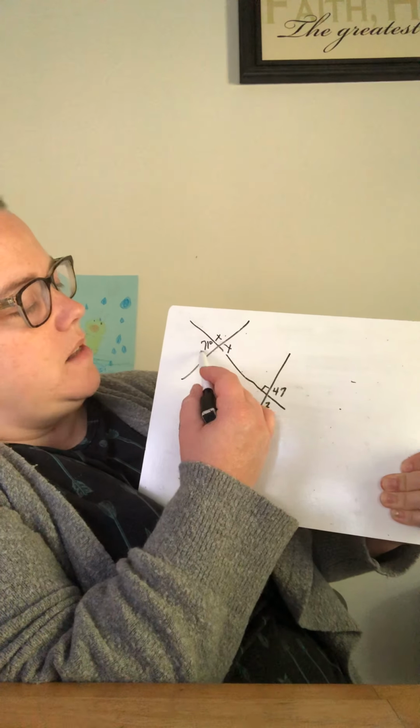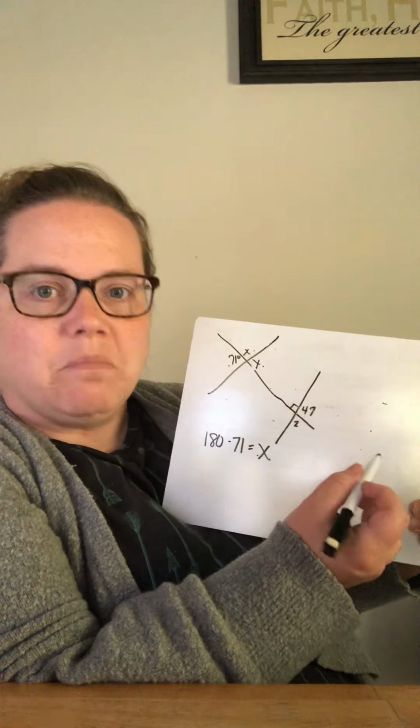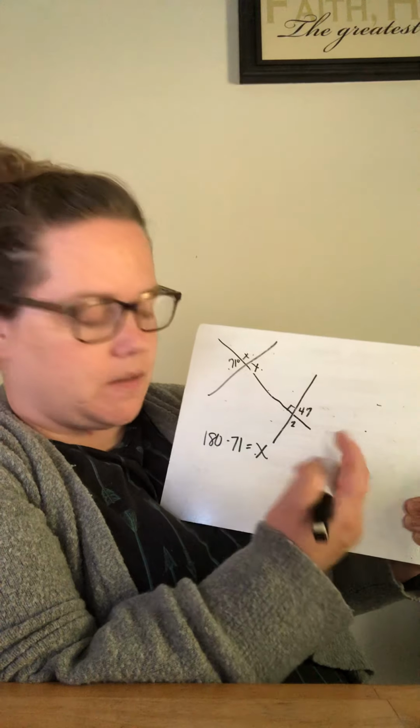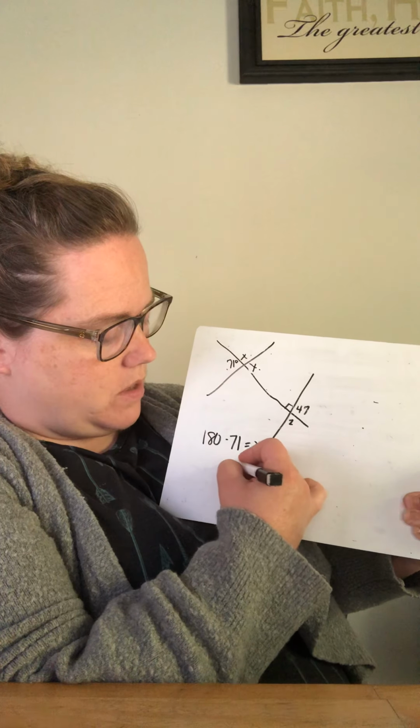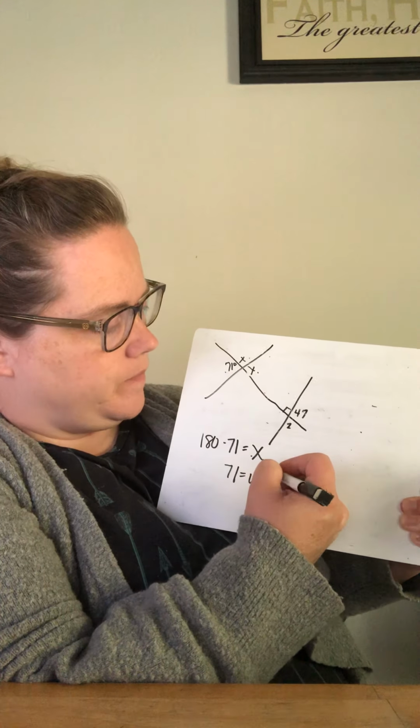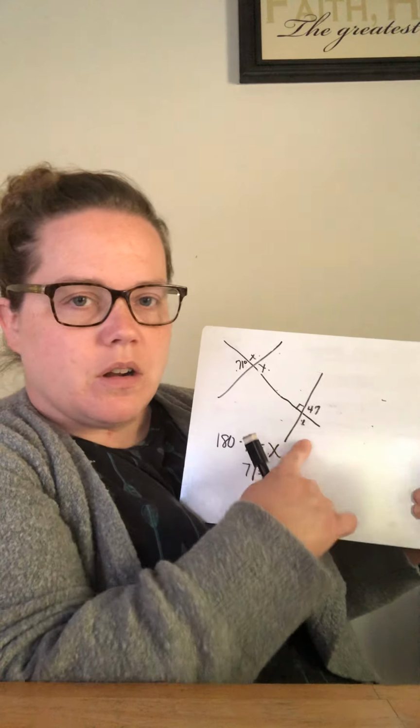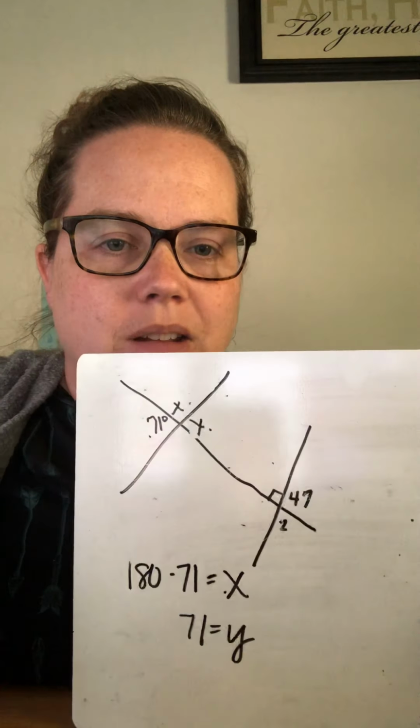And then 71 and Y are vertical angles, so they're congruent. So 71 equals Y.